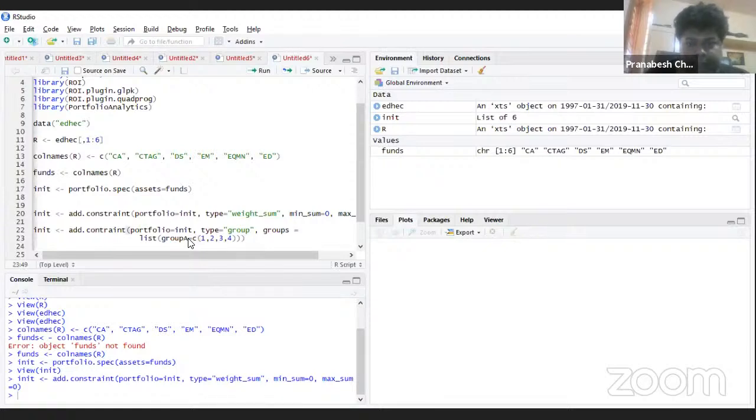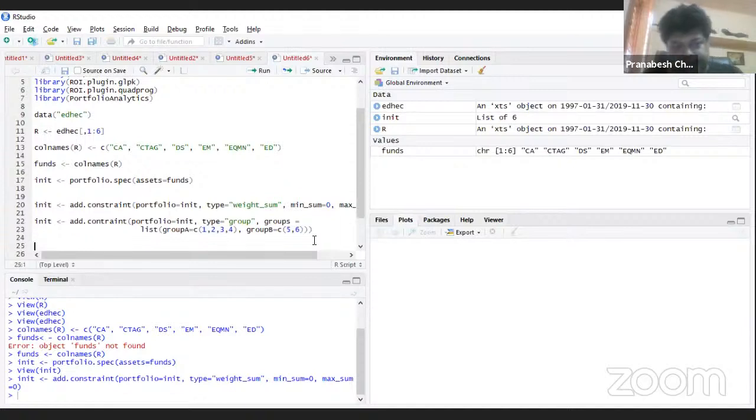And then we want to give group B: 3, 4, 5, 6 is equal to C. So the first 4 stocks that you have are put in group A. The next 2 stocks are put in group B, right?